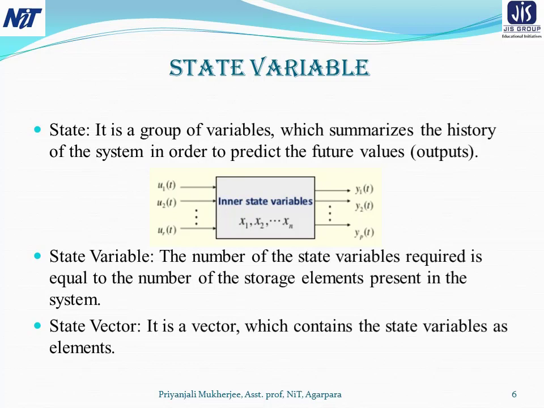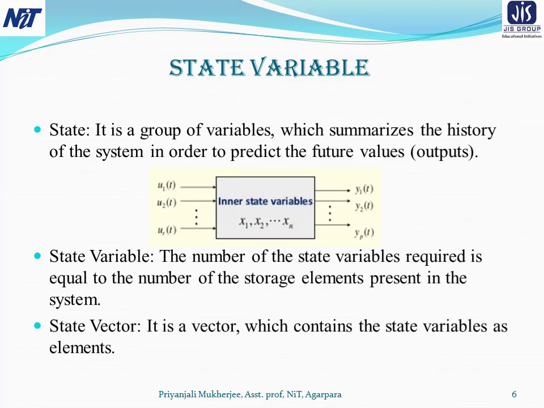Now the state of a control system at a time t equal to t0 is the smallest set of variables which are called the state variables, such that the knowledge of these variables along with the knowledge of the inputs at t equal to t0 is sufficient to determine the output dynamics of the system at any time t greater than t0.